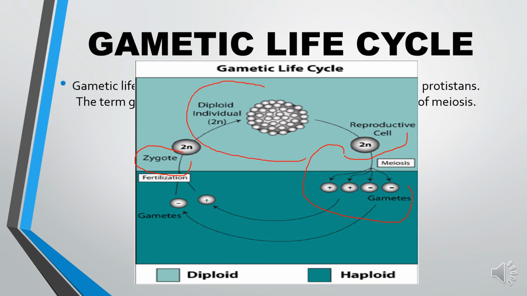That's us. In the gametic life cycle, the gametes are the only haploid stage found in the life cycle, and the gametes are the only haploid cells produced. So that's how the gametic life cycle works.